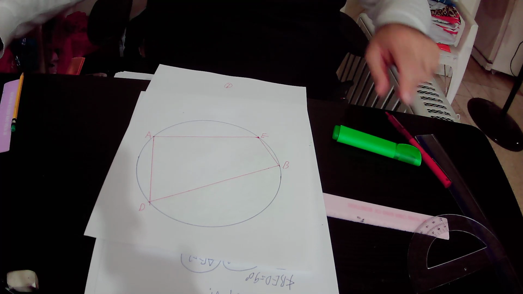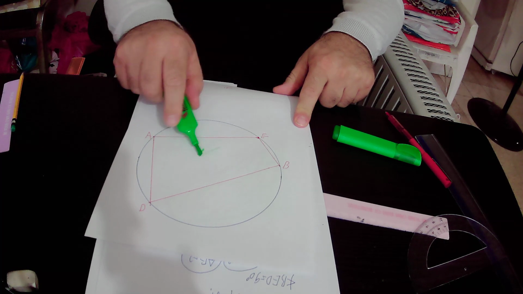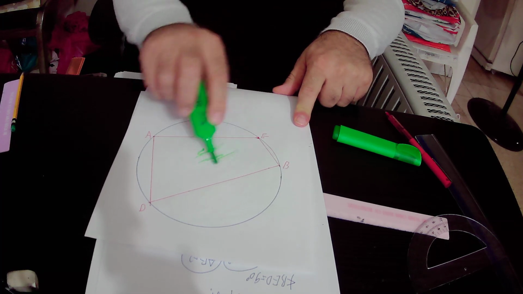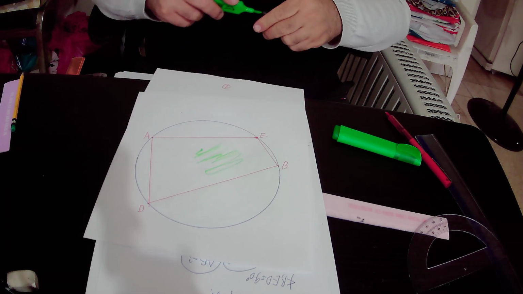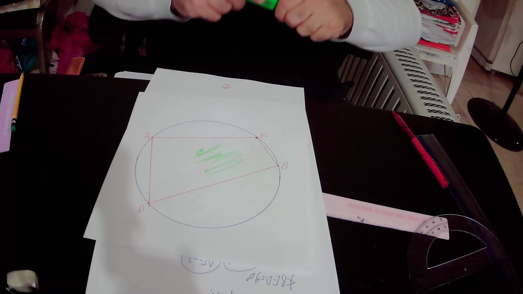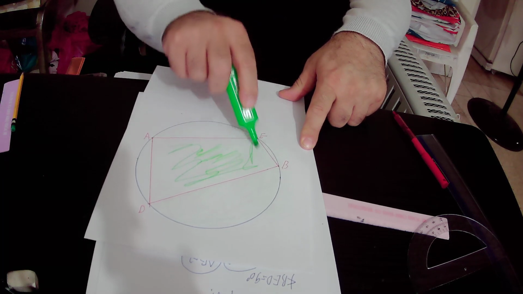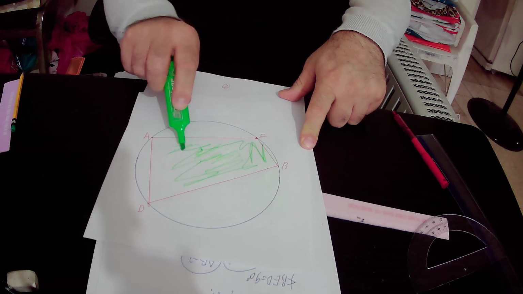I will paint it in the green color. This is quadrilateral AEBD, that it is inscribed by the blue circle.